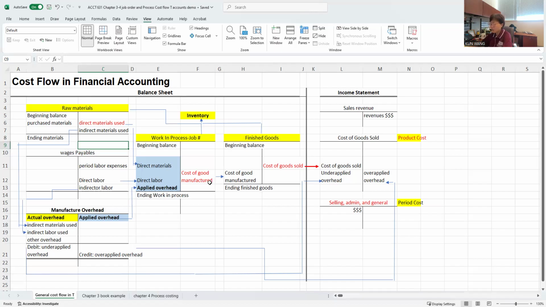So if you can visualize, the finished units physically are moved to the next step, which is the finished goods inventory. A company may have a finished goods warehouse, right? Like another location to hold all of the finished products.